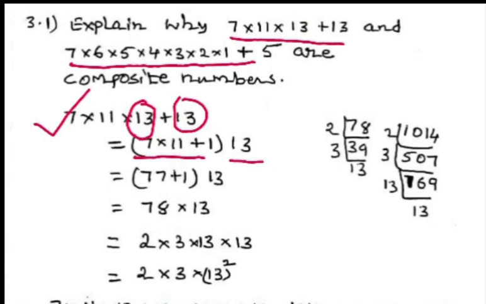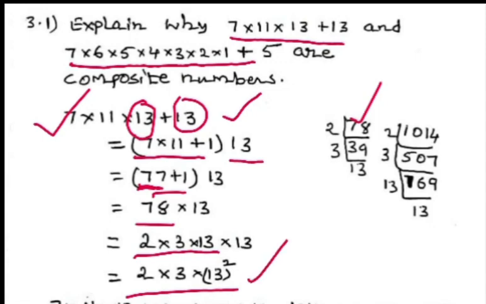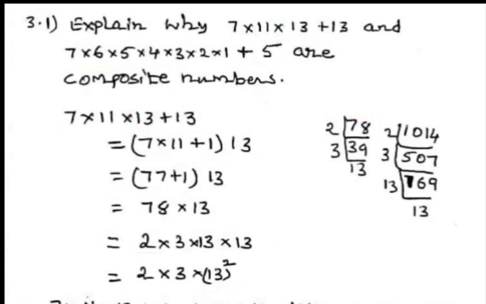Again, 7 multiplied by 11 is 77, plus 1, so that is 78. Again, we can write the factors of 78 like this. From this we get that the given number can be expressed as the product of prime numbers, hence it is a composite number.